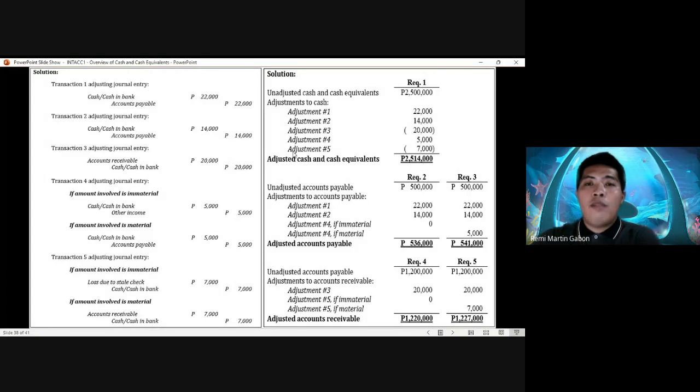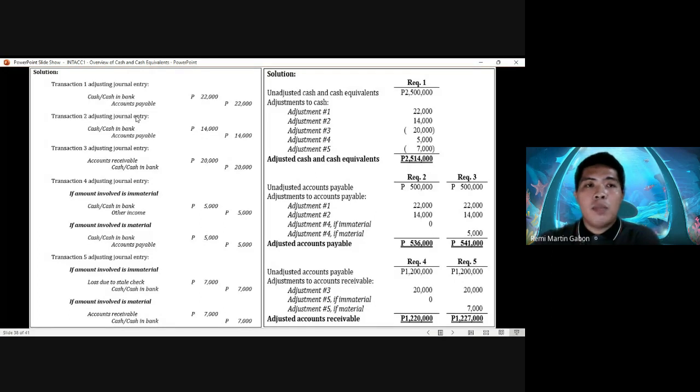Next, we have requirements 2 and 3. Requirements 2 and 3 ask for the adjusted balance of accounts payable. So the 500,000 is adjusted by the adjustments related to accounts payable. Adjustment number 1 is a credit. The normal balance of accounts payable is credit, so the 22,000 is an addition.